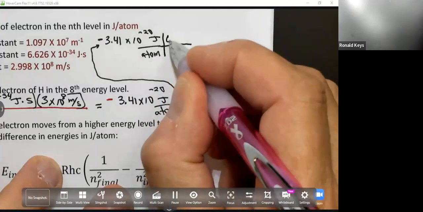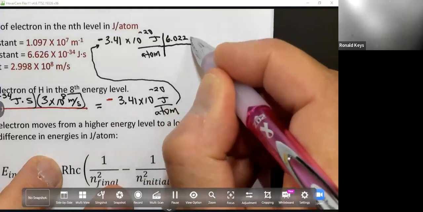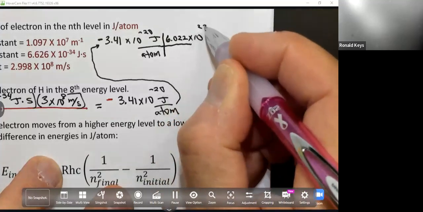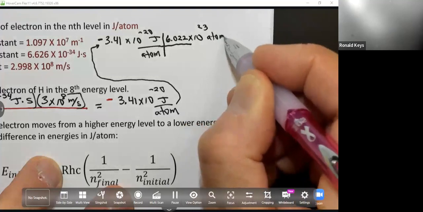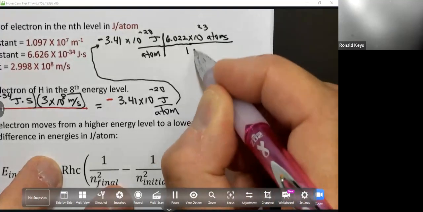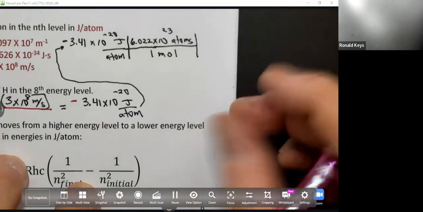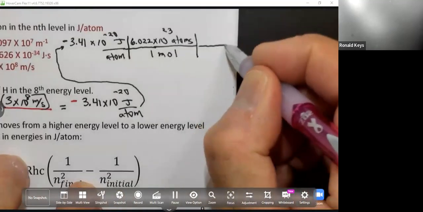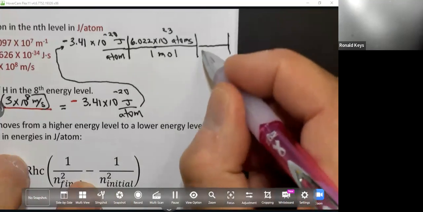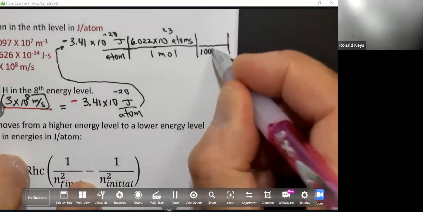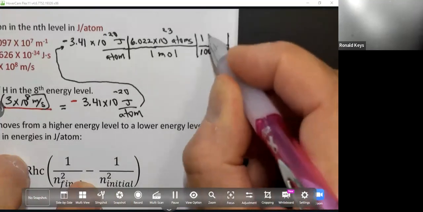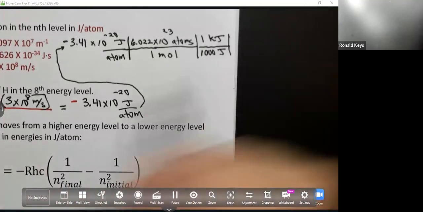And we know there's 6.022 times 10 to the 23rd atoms in a mole. Thousand joules in 1 kilojoule.